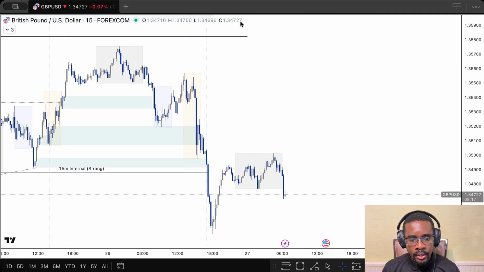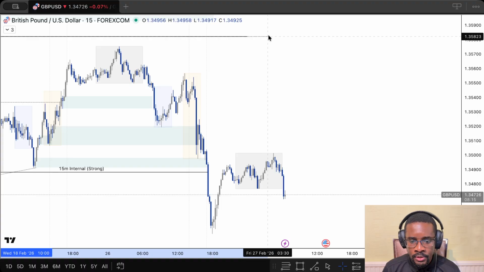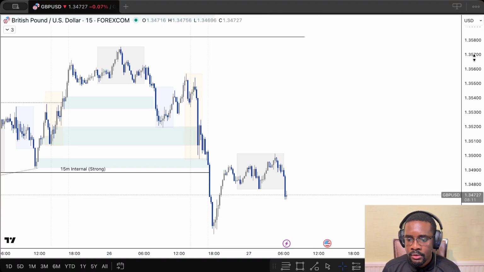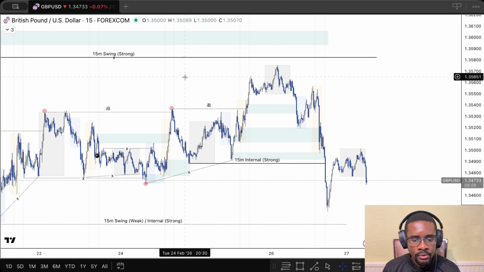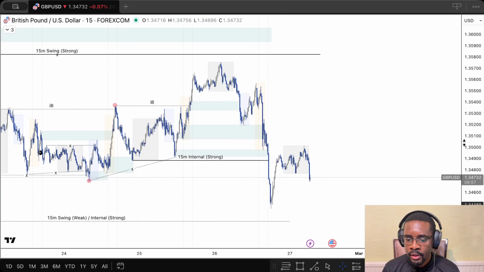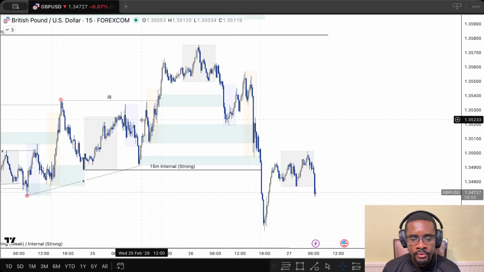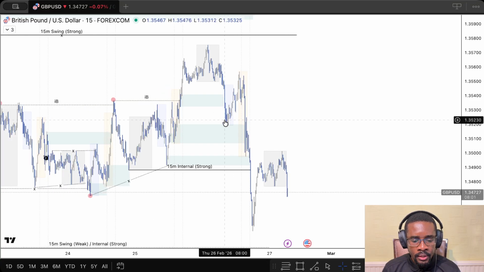Looking at today, this is our strong swing area, and it is still holding.